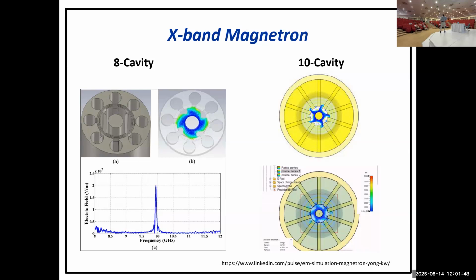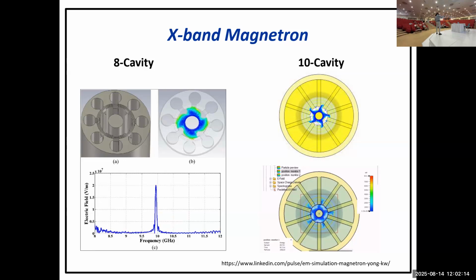And if you want to test this in a cold test, how many resonance points are you going to end up with for the 10 cavities? 6, yeah. So 10 over 2 plus 1, right? So 6 points you're going to end up with. For the 8 cavities, this is again 4 spokes, which is the pi mode.